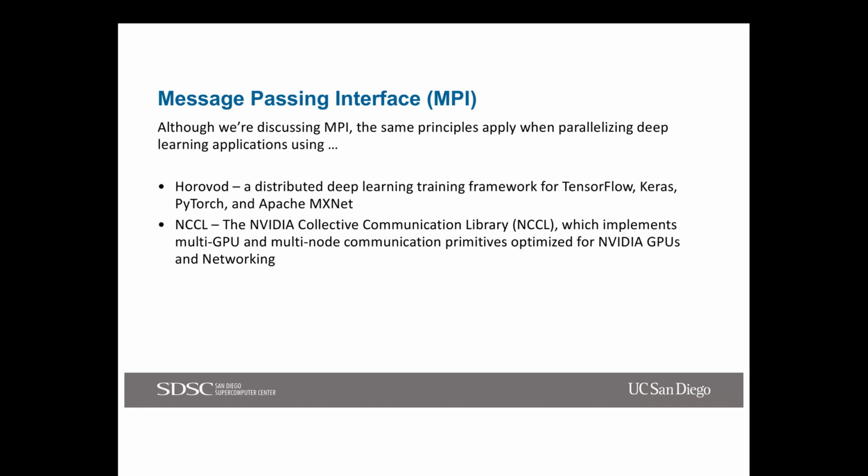NCCL is another distributed communication framework for doing distributed multi-process applications, but it's designed primarily for these collective communications that are useful in deep learning applications.